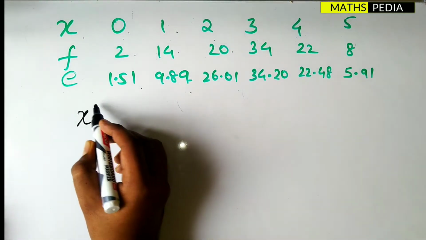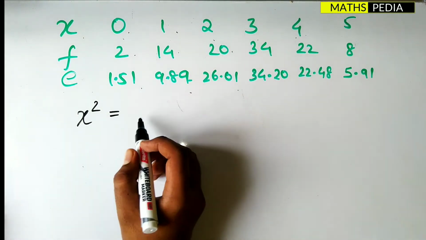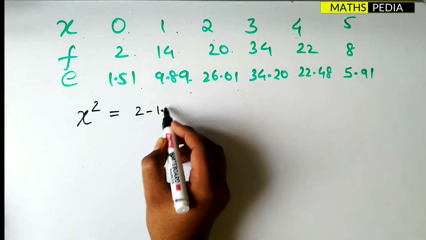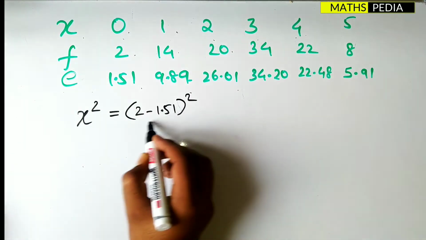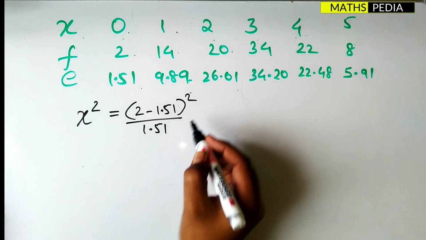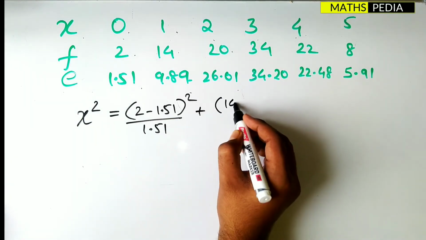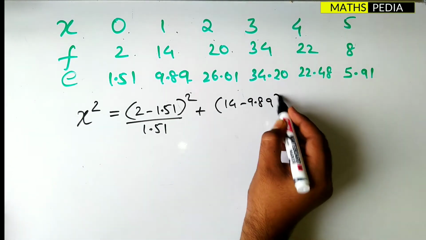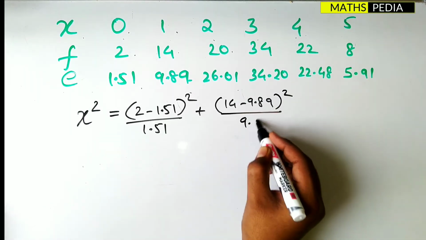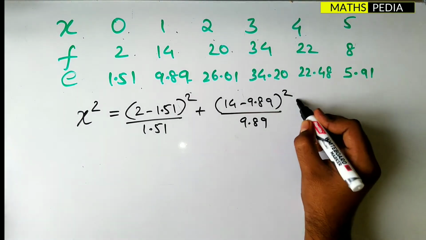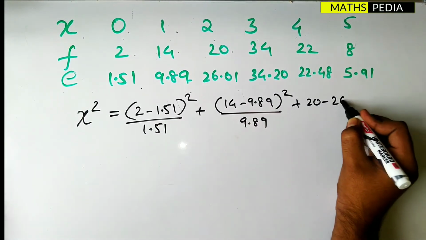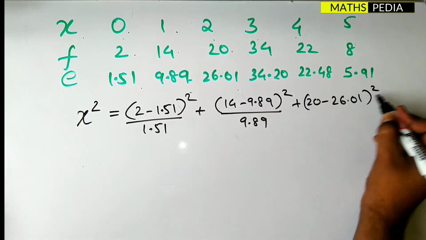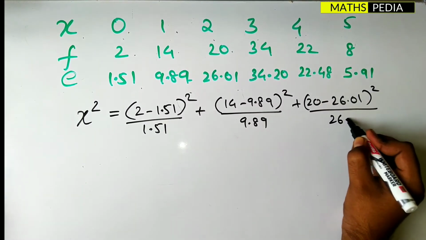Now chi-square is f1 minus e1, that is 2 minus 1.51 whole square by 1.51, plus 14 minus 9.89 whole square by 9.89, plus 20 minus 26.01 whole square by 26.01.